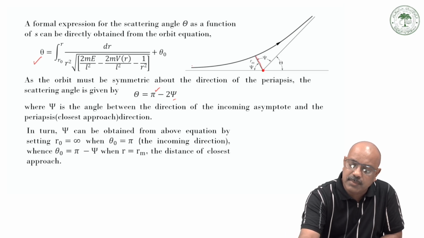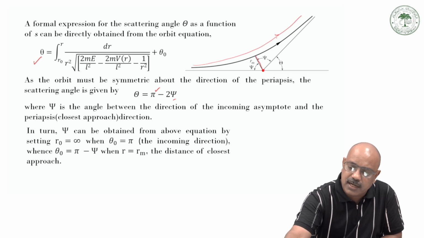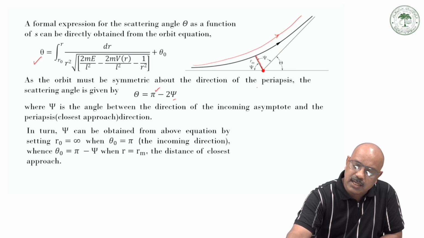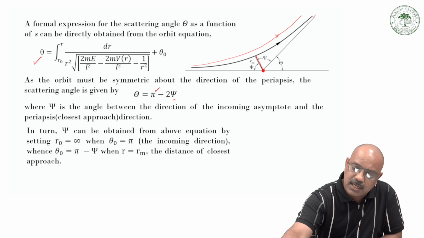The particle is coming and then it is getting deflected at this position. If you draw a perpendicular to this, the closest approach to the center is this, and this is making an angle. This is my scattering angle theta, and this is making angle psi.